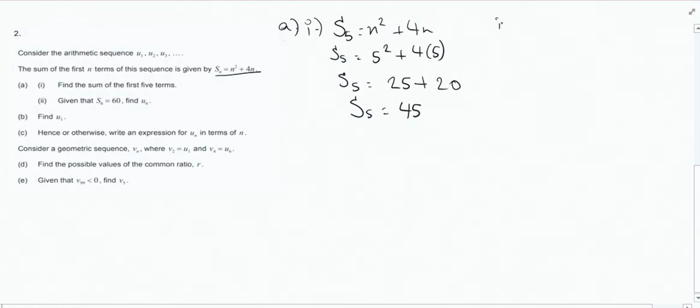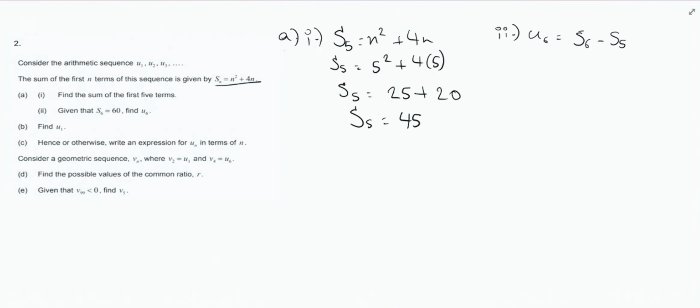Now part 2, it says given that S6 is 60, find u6. So u6 equals S6 minus S5, our S6 was 60 and S5 was 45. So the answer is 15, u6.